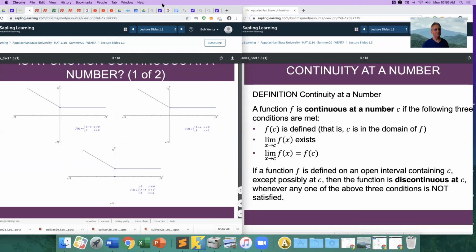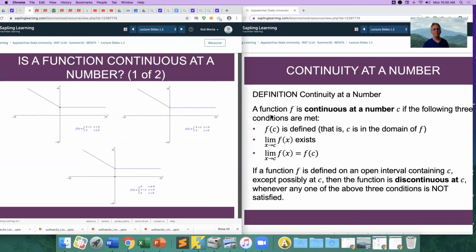Can you see those three graphs and see the rules here? Good. Look at the situations here and verify the circumstances. We've said these two are not continuous, so let's see why not.